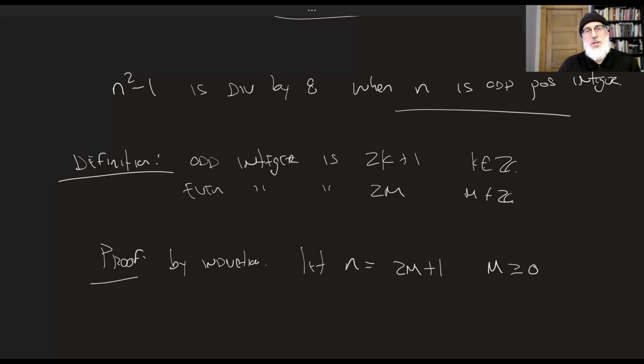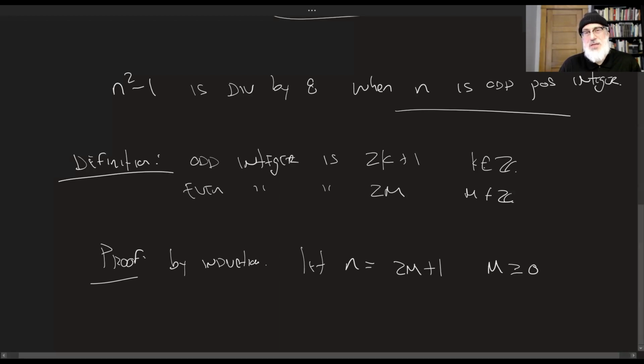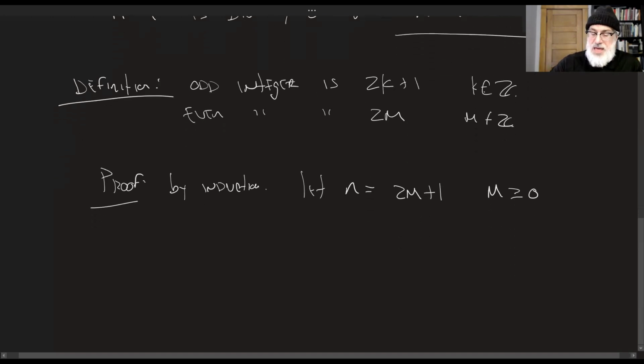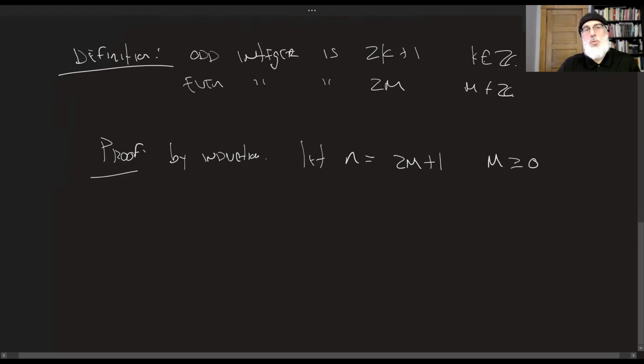And so when m is 0, we get 1. When m is 1, we get 3. When m is 2, we get 5, and so on. So this definition of n, 2m plus 1, will now range over the integers, namely m. So now the induction is on m.